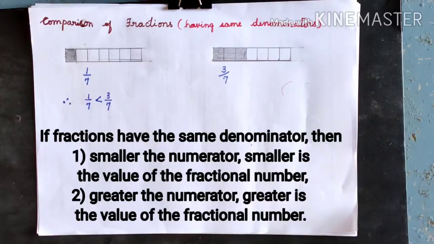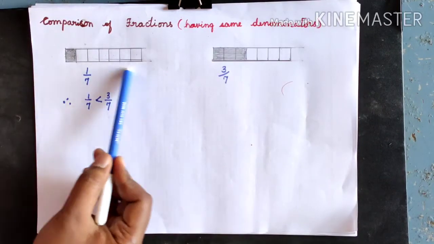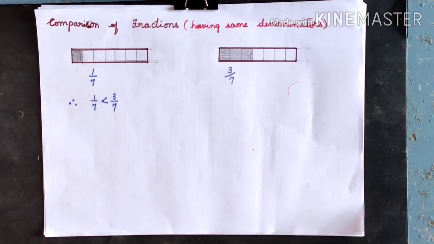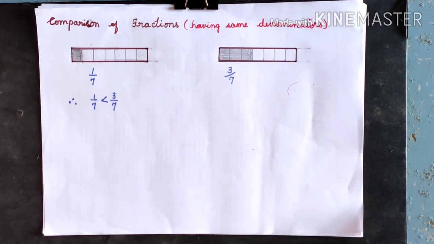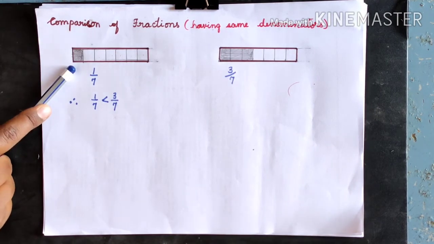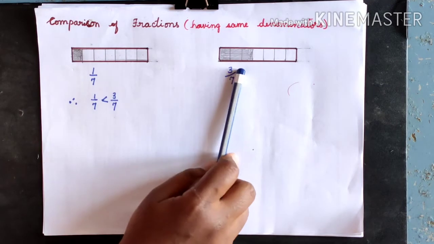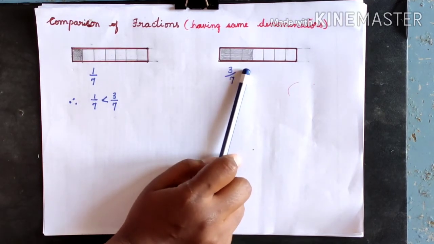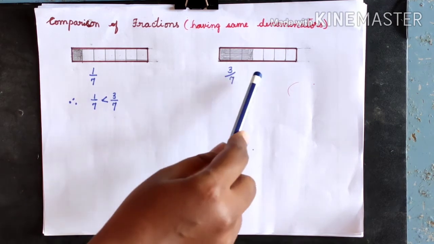If you go back to the picture, consider this as a piece of chocolate. Both the chocolates are of the same size, but from the first chocolate, you will get only one part. From the second chocolate, you will get three parts. So where will you get more chocolate? From the second part, correct?